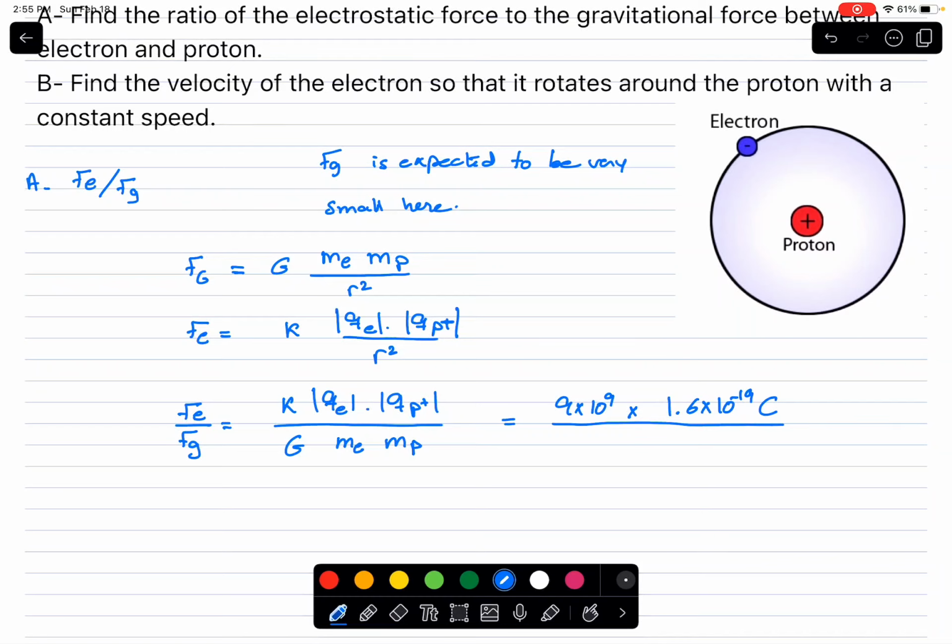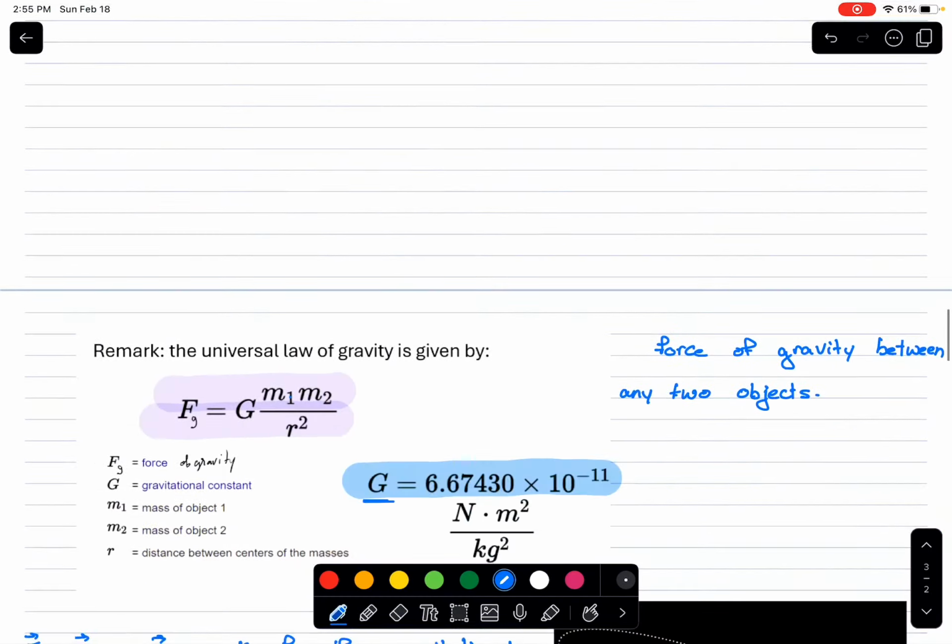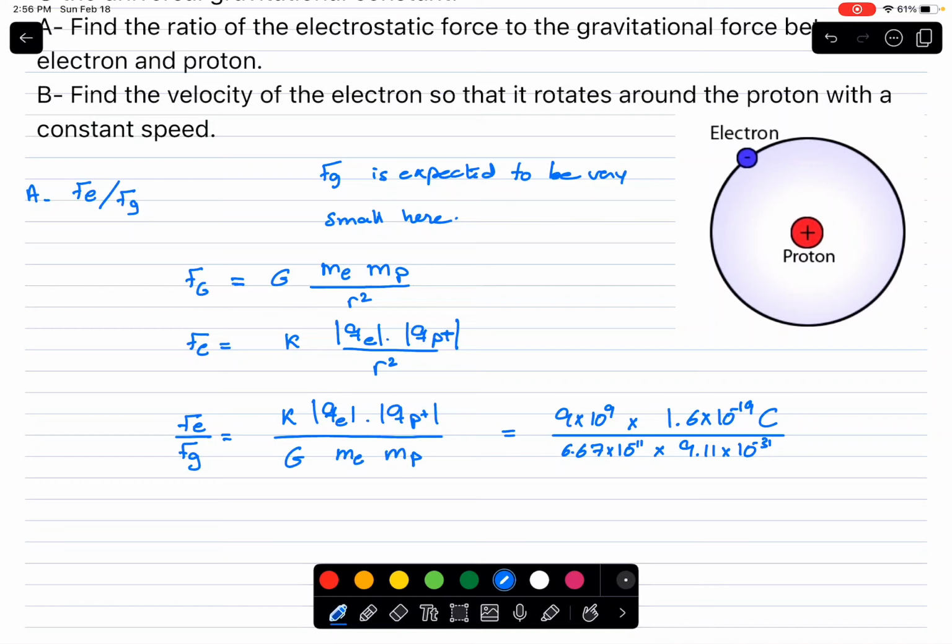And in the denominator I have the constant G, which we have just written its value here, 6.67 times 10 power minus 11. The mass of an electron is 9.11 times 10 power minus 31, and the mass of a proton is 1.67 times 10 power minus 27 kilograms.